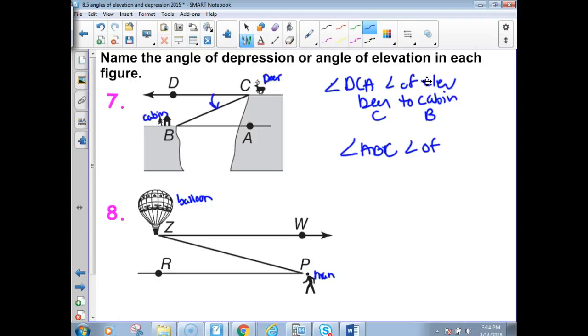Oh my gosh, I can't believe I did that because my brain was going somewhere else. That's not elevation, it's opening down, isn't it? Should be depression. The next one's an angle of elevation. Okay, going up from cabin to deer. Or if you wrote letters, it would be B to C.